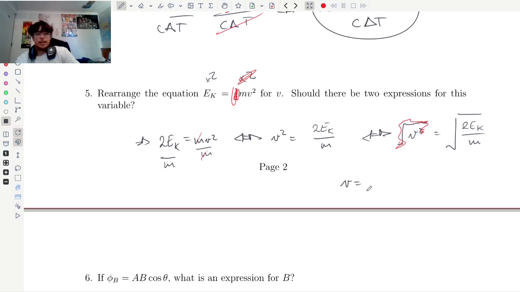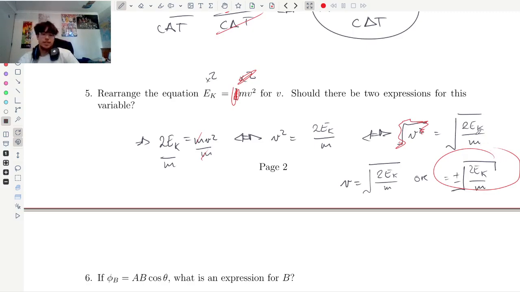So should I have something like this, or would I have something like this, so plus or minus? And the answer is we should have the plus or minus because our velocity is a vector quantity, meaning that the negative velocity has meaning, right?